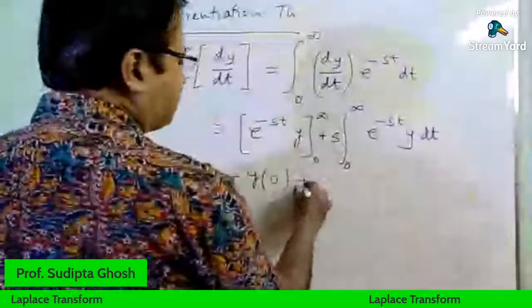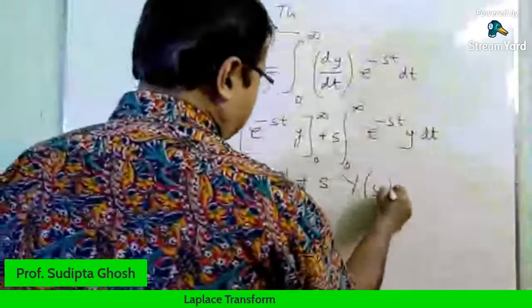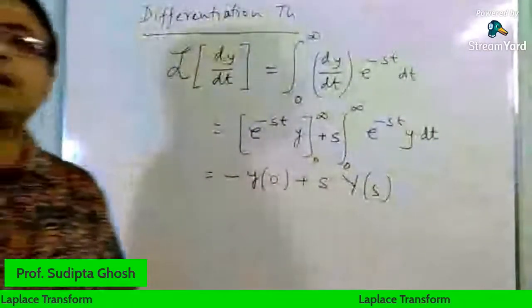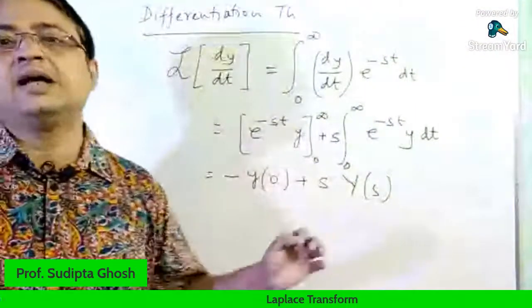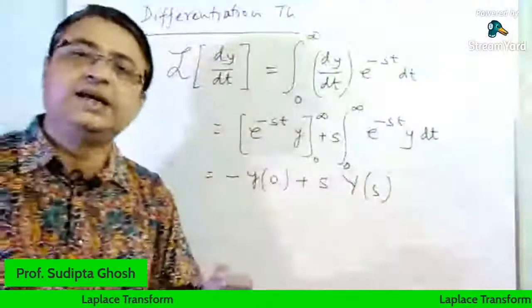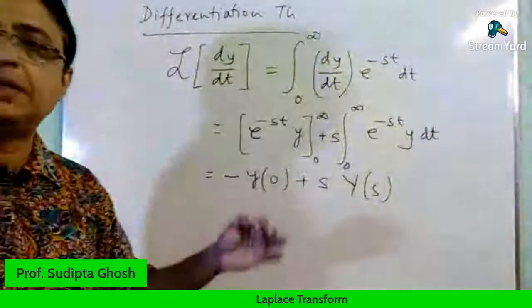Then plus s times the integral, which becomes capital Y of s. Whenever I write integral 0 to infinity e to the power minus st f(t) dt, it becomes capital F(s).